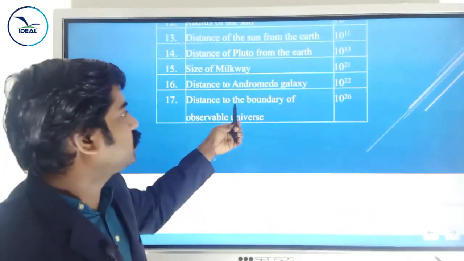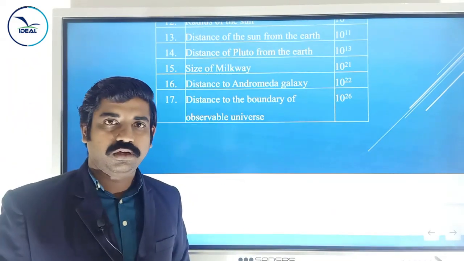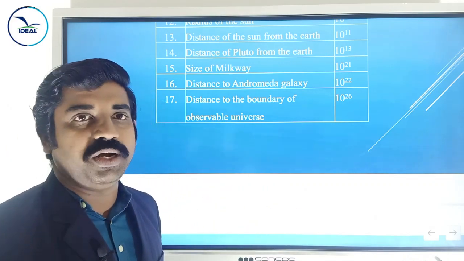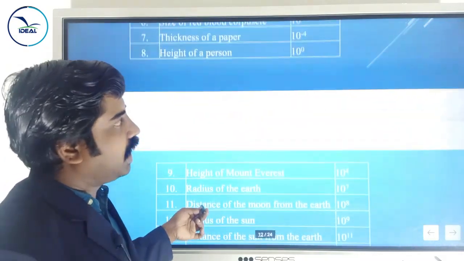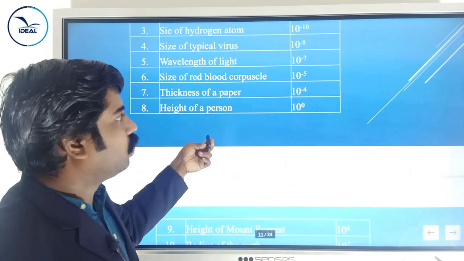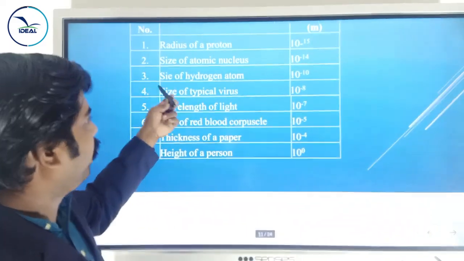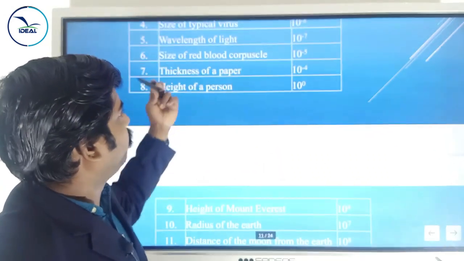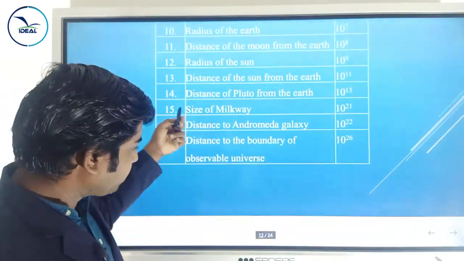That is the distance to the boundary of the observable universe. You want to go through this table, I will give it as a note: radius of proton, size of atoms, size of hydrogen atom, size of a typical virus, etc.